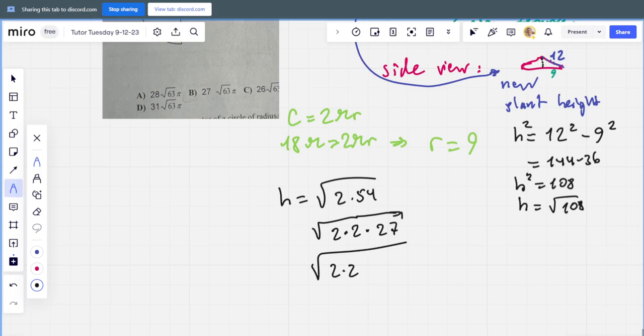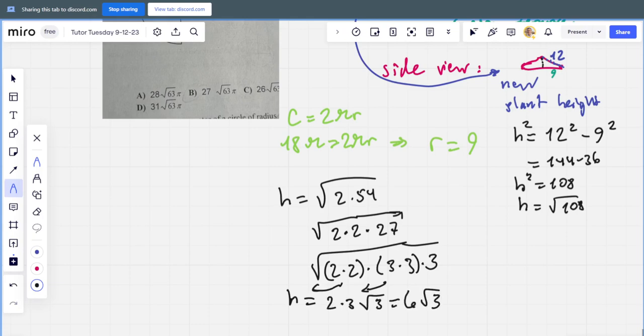That's 2 times 2 times 3 times 3 times 3. So the height becomes, if we pull out these, 2 times 3 times square root of 3, or 6 root 3.